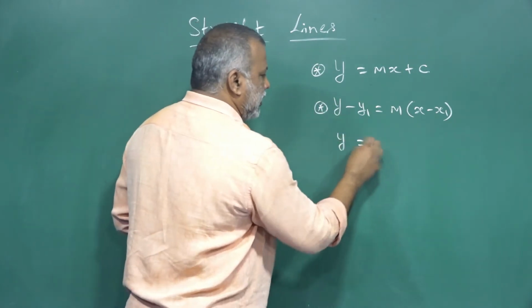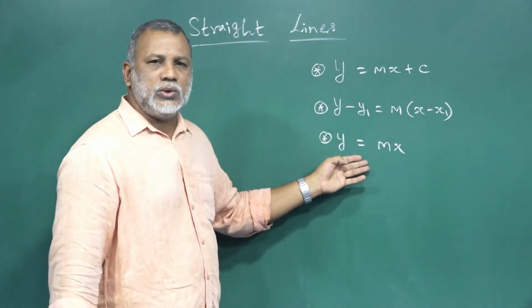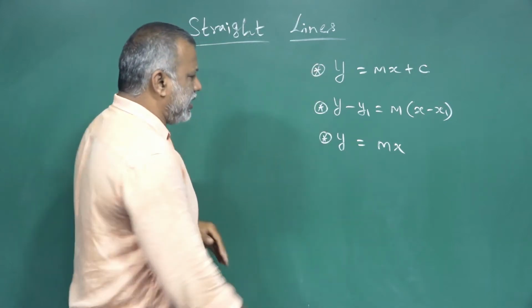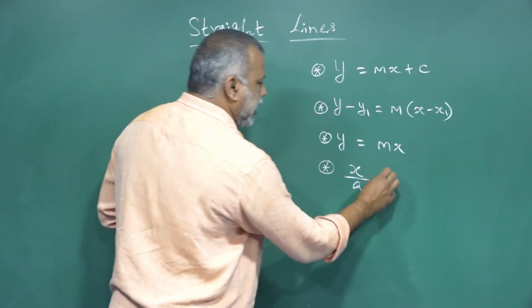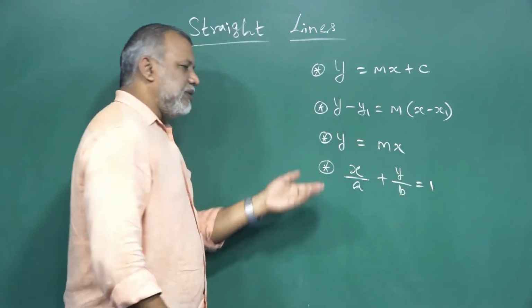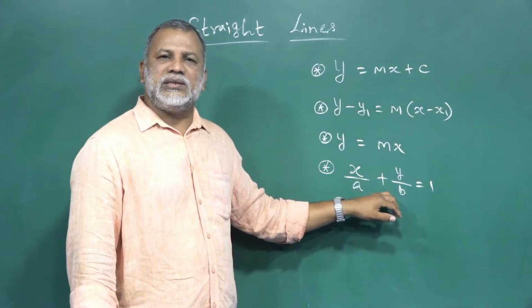Then y equal to mx is also a straight line, passing through the origin having slope m. Like this, we have had many discussions already in your lower classes. x by a plus y by b equal to 1 is the equation of a straight line having x-intercept a and y-intercept b.